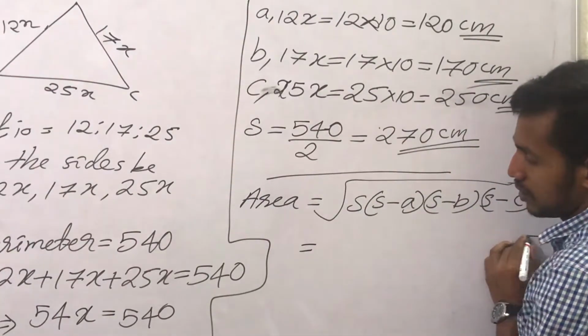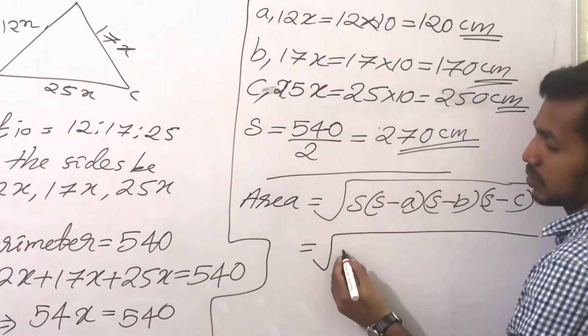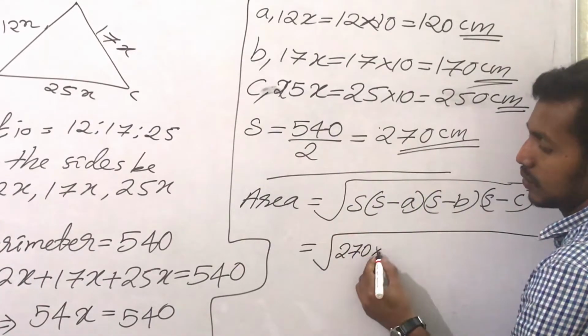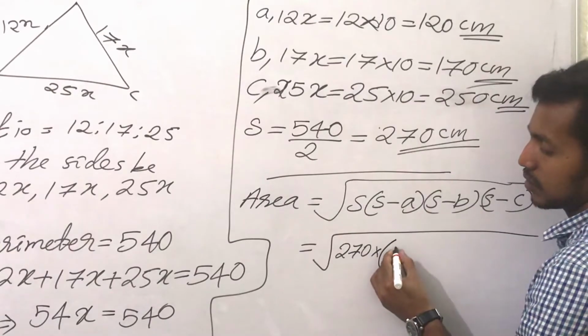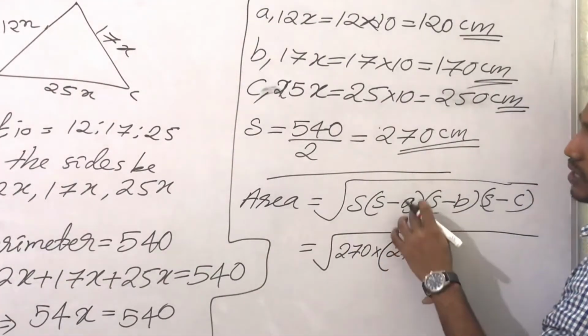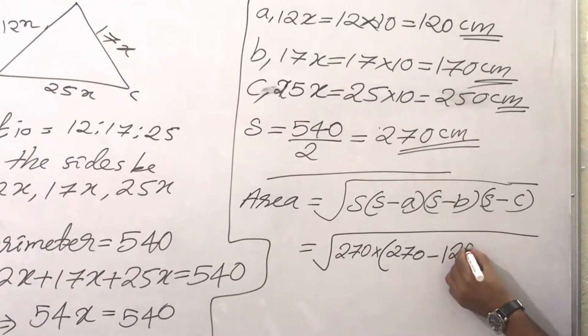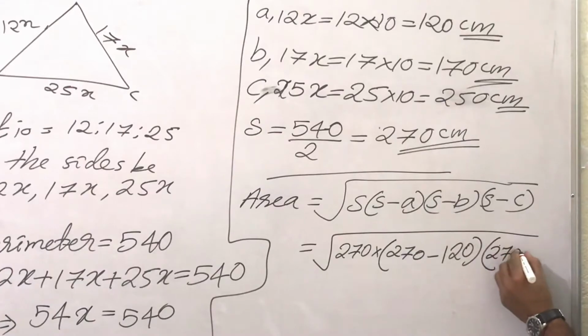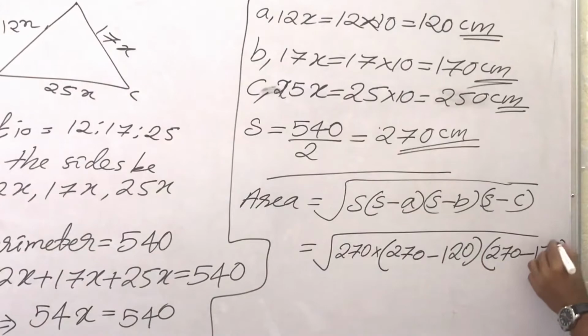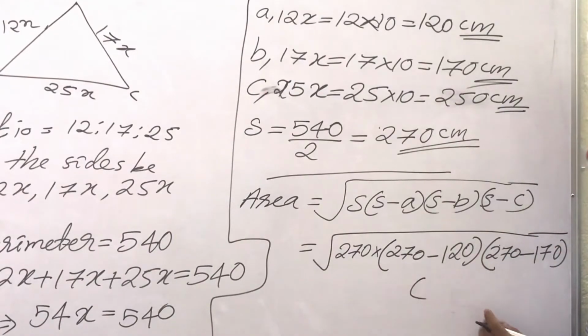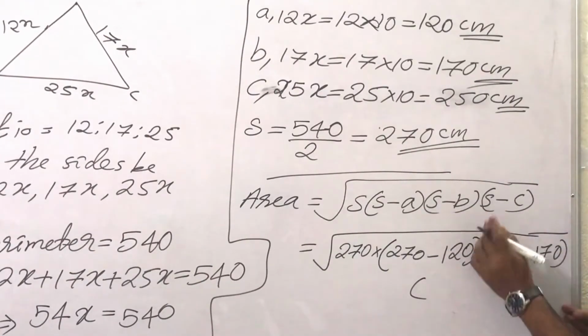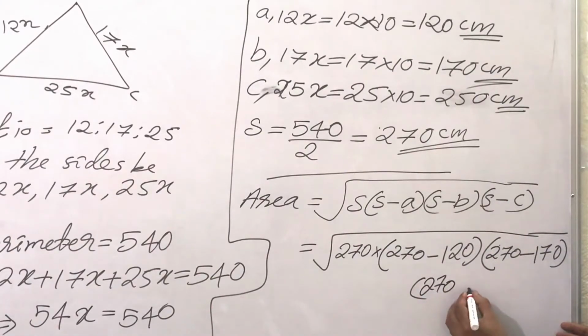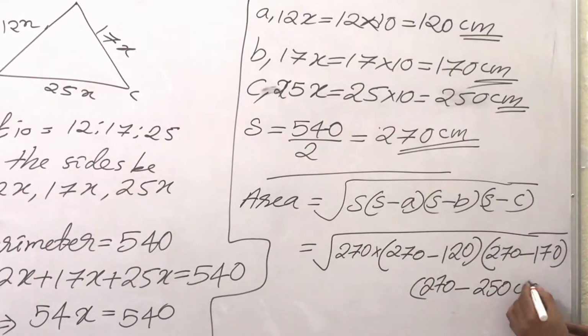Then square root of 270, what is s, into (270 minus a, which is 120) into (270 minus b, which is 170) into (270 minus c, where c is equal to 250 centimeter).